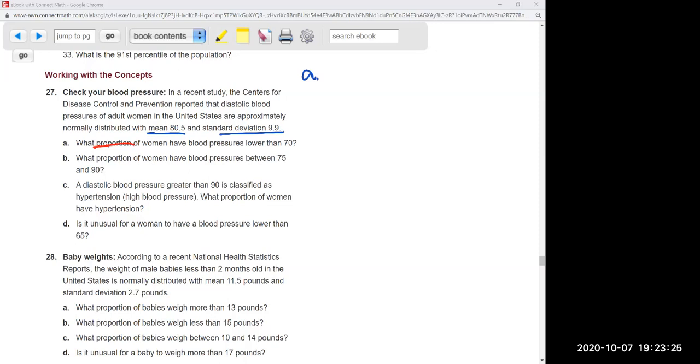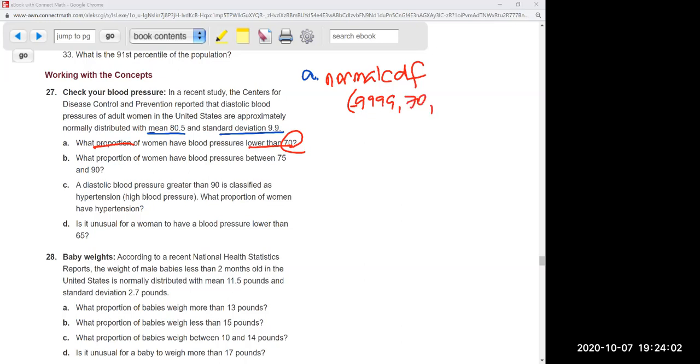So proportion, that's the hint that you need to use normal CDF. Lower than 70, if you see lower, what is 70? Is this upper or lower? Upper, very good. So that's going to be normal CDF of, let's say, negative 999970.